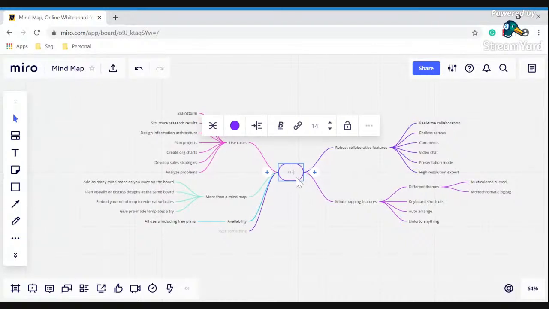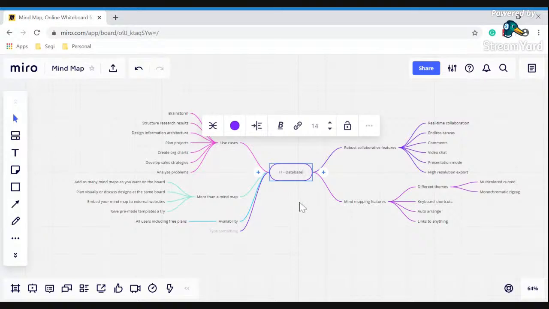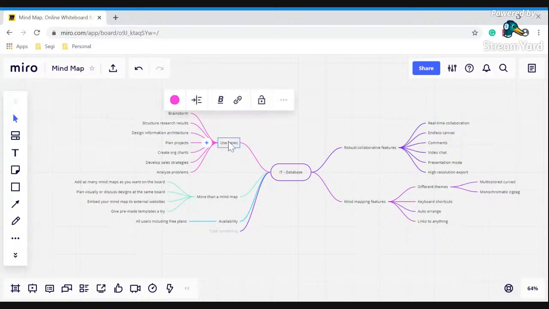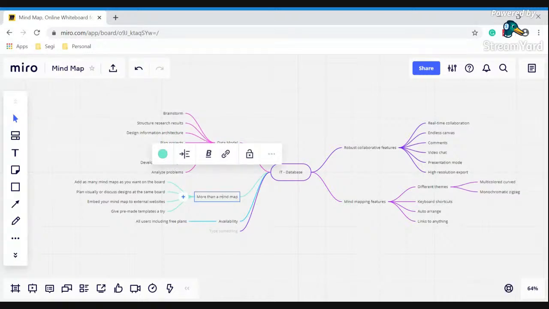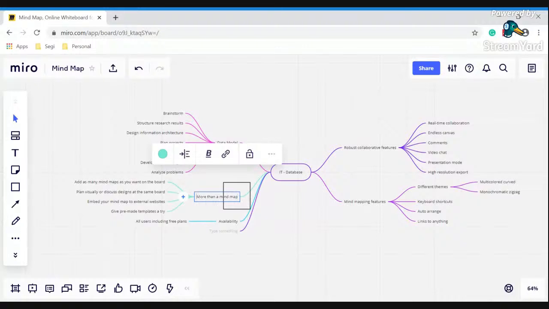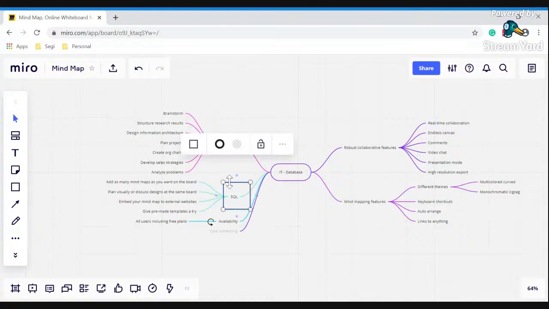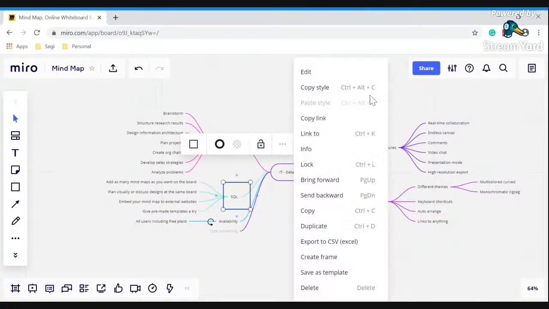For example, I use IT database, and you apply it in your respective module. Here maybe I change to data model, then here I change to SQL. I can plot out the points, and so on.